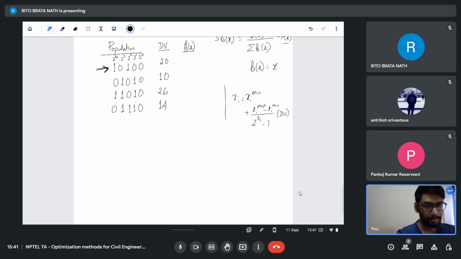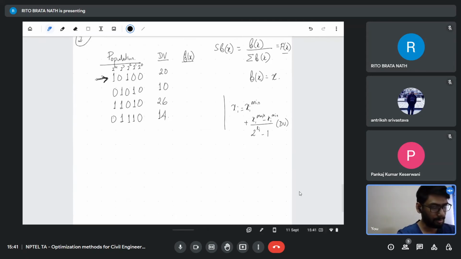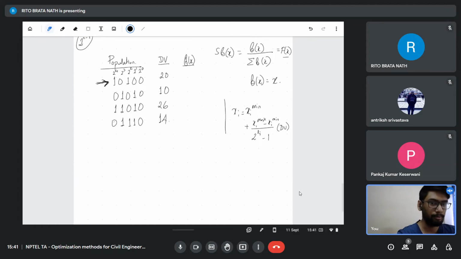Suppose I give you this x to be defined at intervals, say 0 and 1. Then in place of x max you have to put 1, in place of x min you have to put 0, and in place of l you have to put 5, because you are using 5 bits here, and you have the decoded values already.